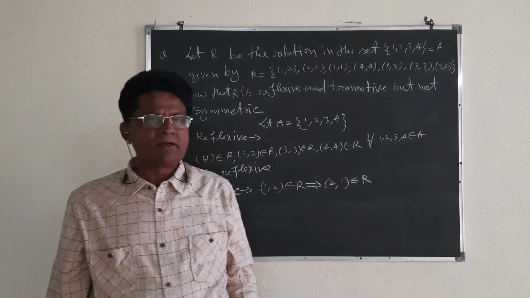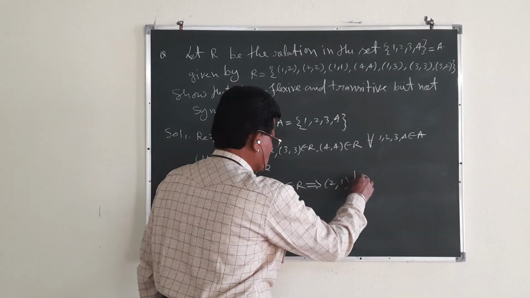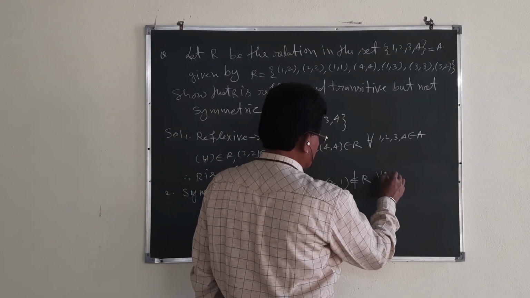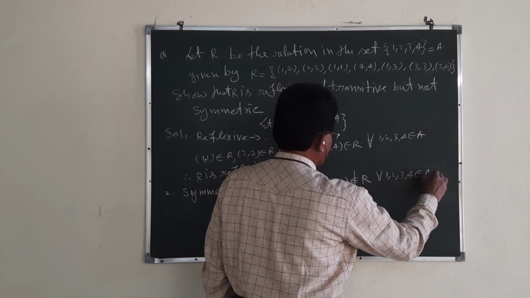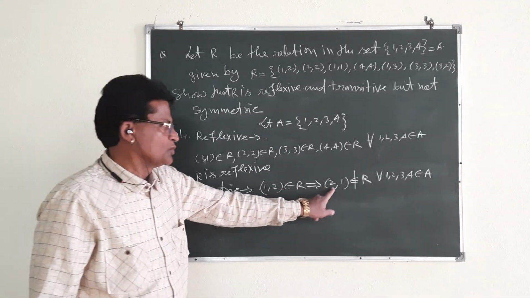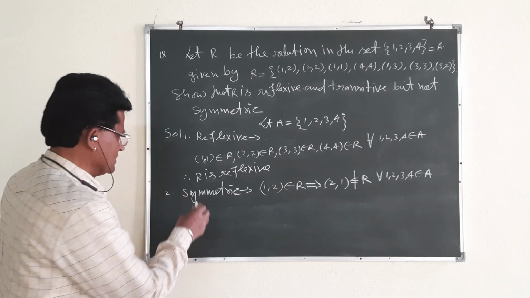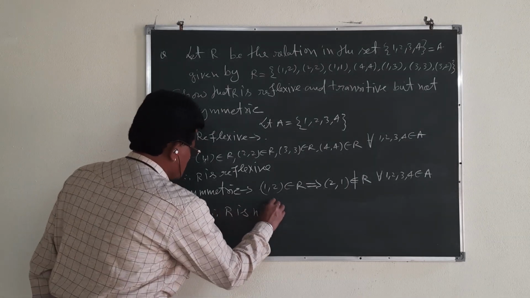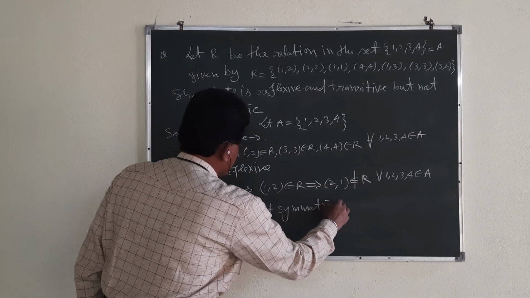If (2, 1) is not given, then you can say that it does not belong to R. But you must write all the steps, as I told you earlier. 1, 2, 3, 4 belong to A. (1, 2) belongs to R implies that (2, 1) does not belong to R. That is why this relation R is not symmetric. Therefore, R is not symmetric.